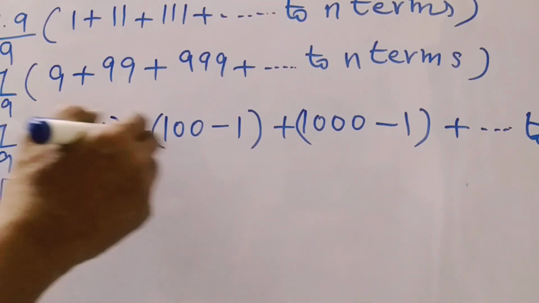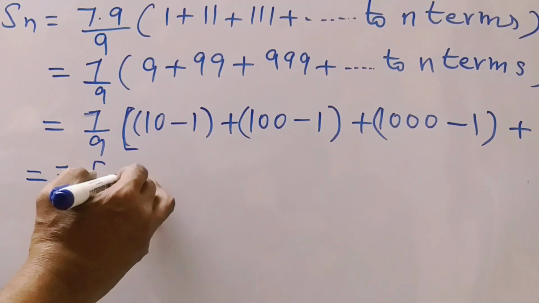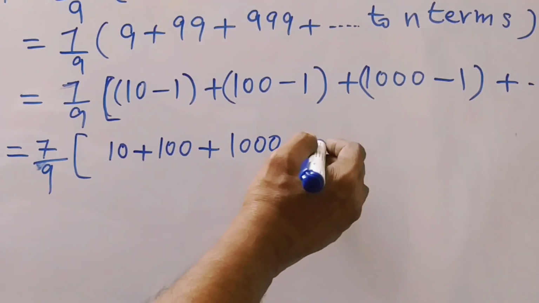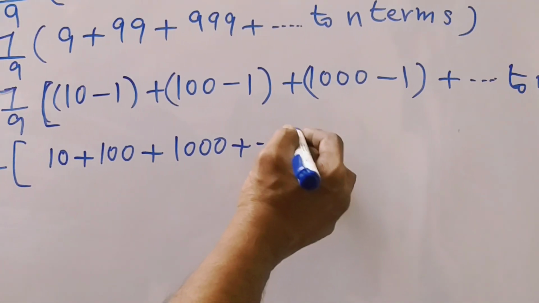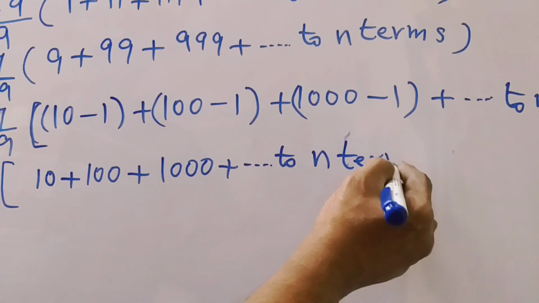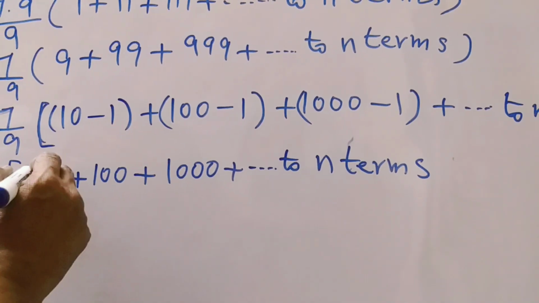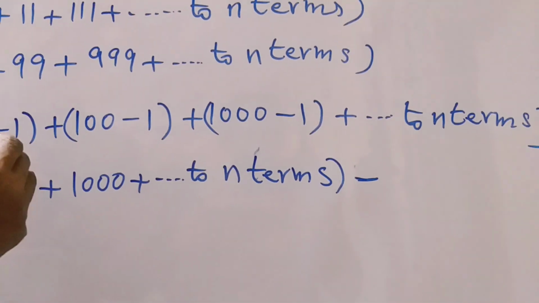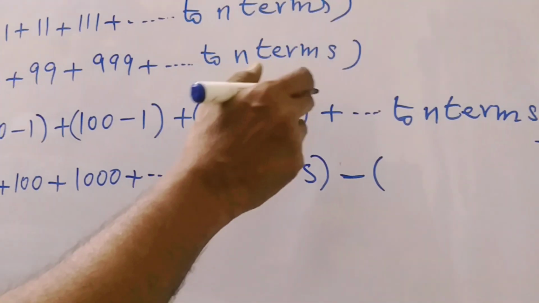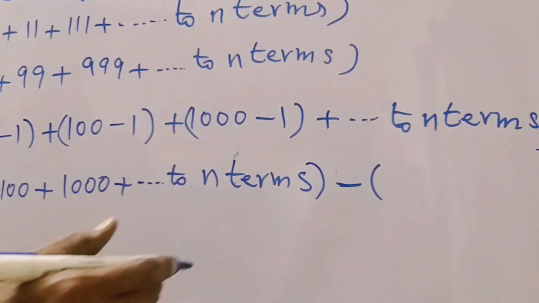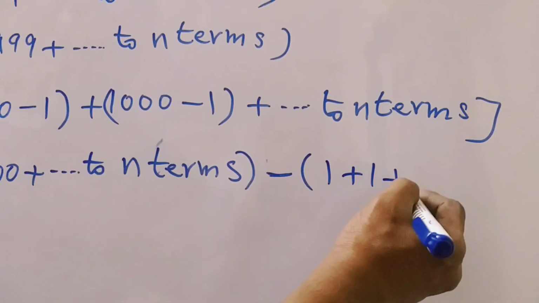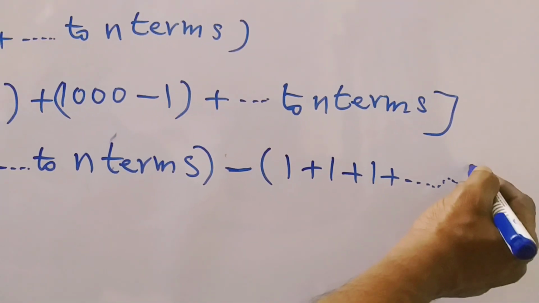So we can write this separately: 10 plus 100 plus 1000 plus and so on up to n terms, minus of 1 plus 1 plus 1 plus and so on up to n terms.